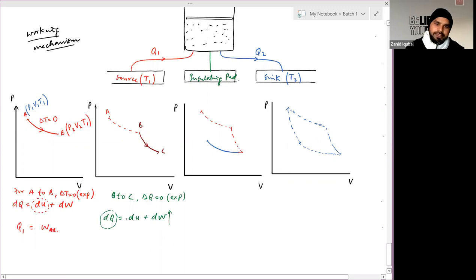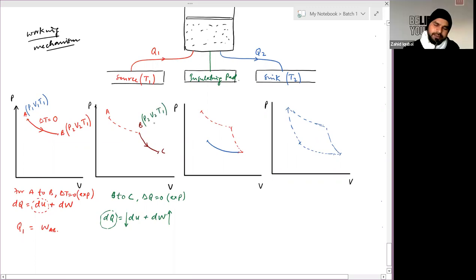It means internal energy has to decrease. Is it clear? So work done will be just the negative of the change in internal energy. So on expansion, work done will increase and consequently the internal energy of the system will decrease. Hamza, is it clear? Yes, sir.